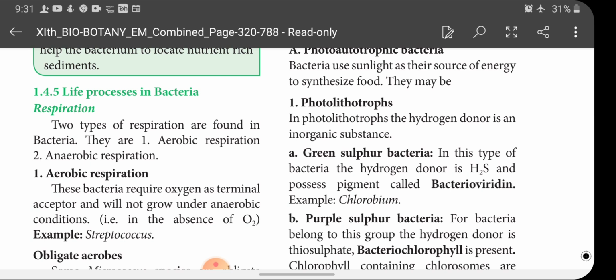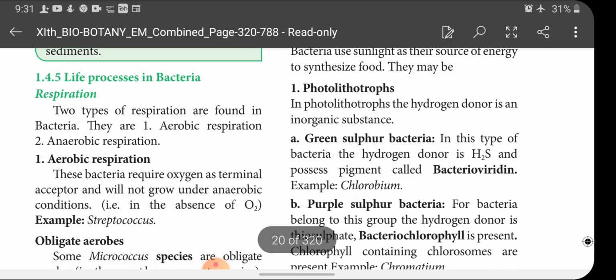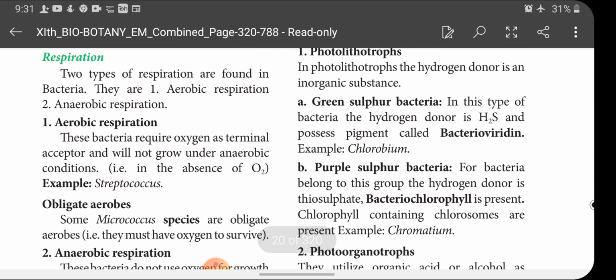According to the inorganic substance, photolithotrophs are divided into two types. One is green sulfur bacteria. In this type of bacteria, the hydrogen donor is hydrogen sulfide and they possess a pigment called bacterioviridin, example Chlorobium.